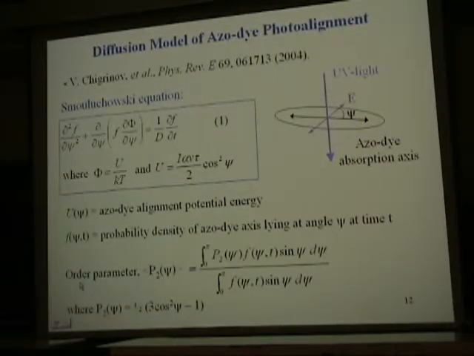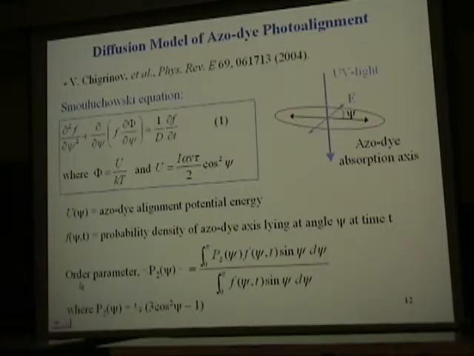To understand what factors control the rate of photo alignment, we look into the theory developed by Chigrinov and co-workers. Assuming the angle between the UV polarization and the long axis of the azo dye molecule to be psi, these authors propose that the probability density distribution of psi, as denoted by this function f, should vary with time according to the Smoluchowski equation, which basically describes diffusive rotational motion under a potential.